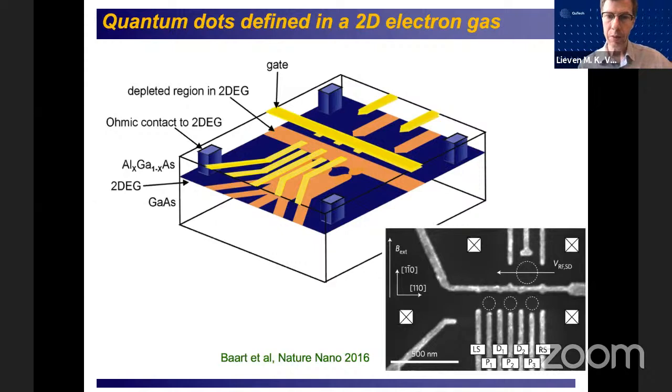And so that small space then is what we call a quantum dot. It's kind of pancake shaped in this case because the thickness of the quantum well or of this 2D electron gas is maybe 5 nanometers or so, and then the lateral dimension is tens of nanometers or 100 nanometers.